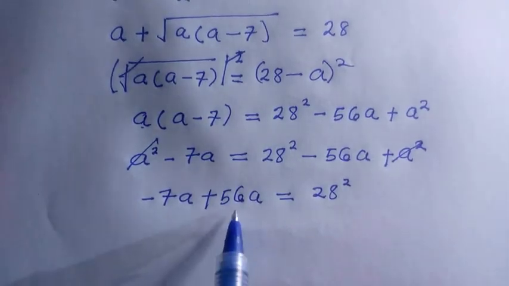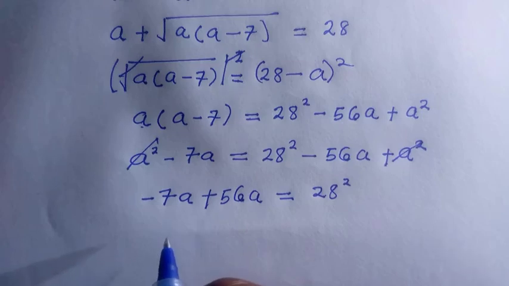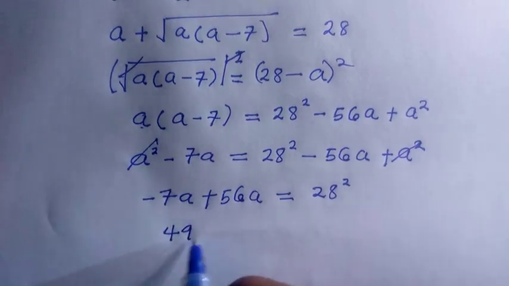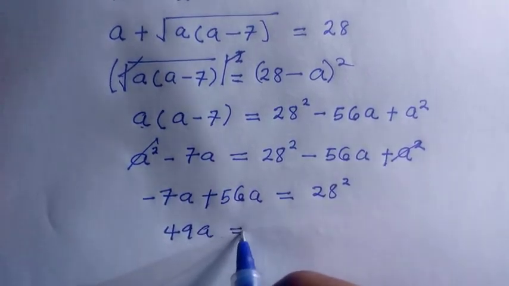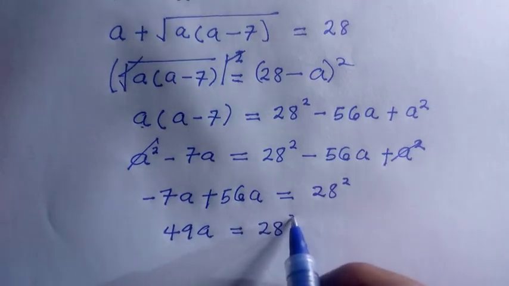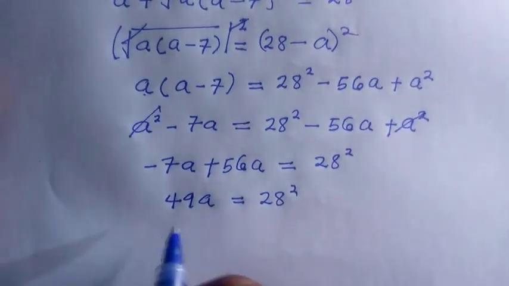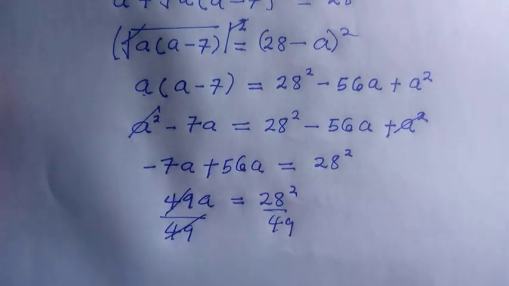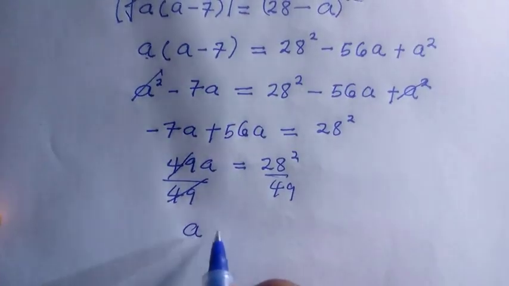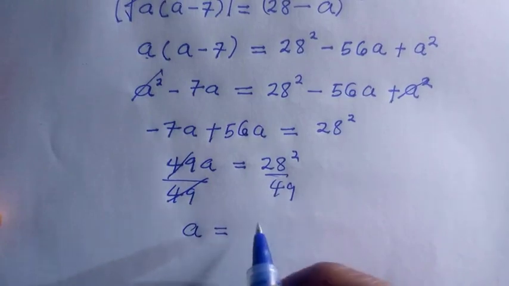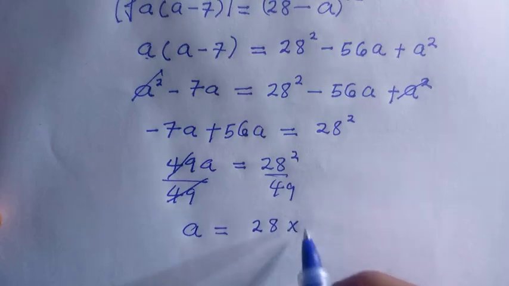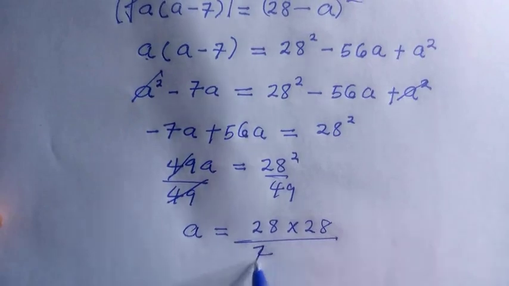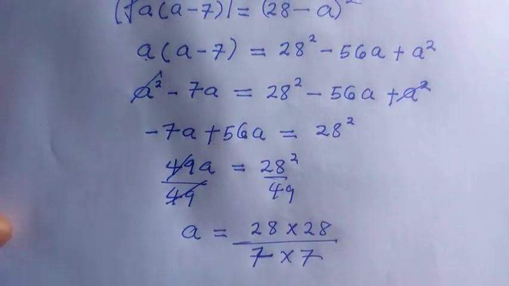When we take 7 out of this, we get 49a equals 28 squared. By dividing both sides by 49, we have a equals 28 squared, which we can write as 28 multiplied by 28, divided by 49, which we write as 7 multiplied by 7.